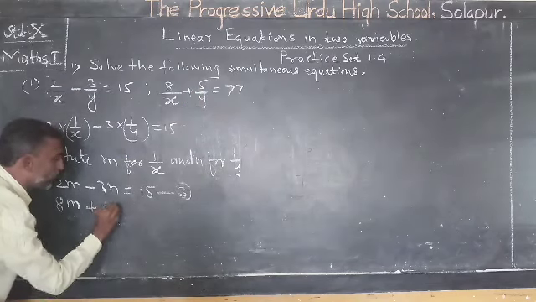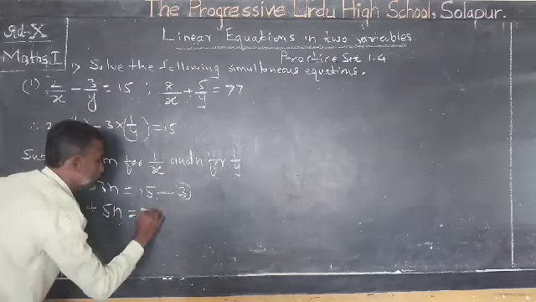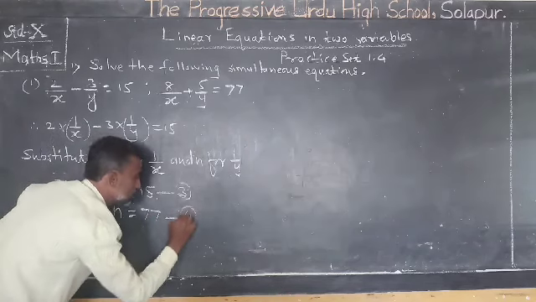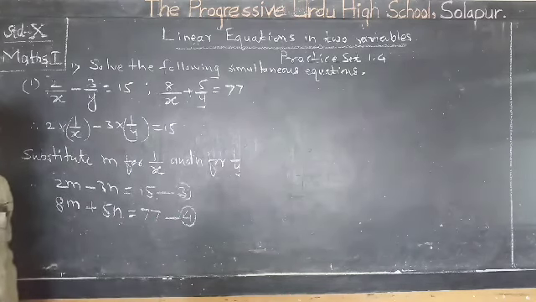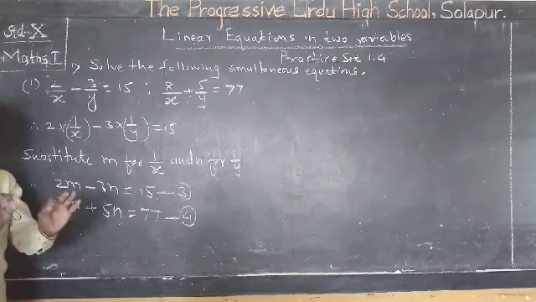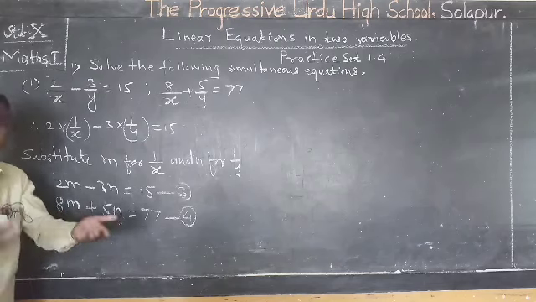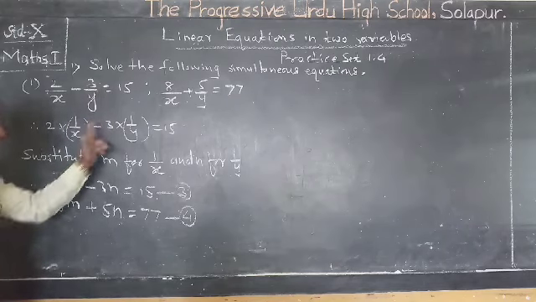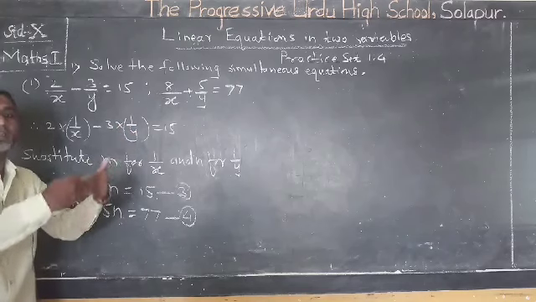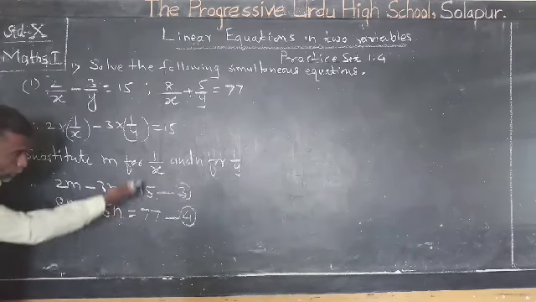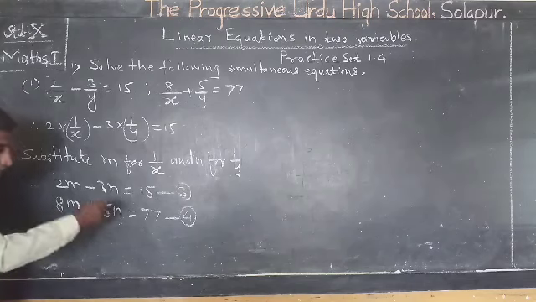This is equation number 4. What we have done is only substitute m and n instead of 1 upon x and 1 upon y. After substituting, we are getting two linear equations in two variables.